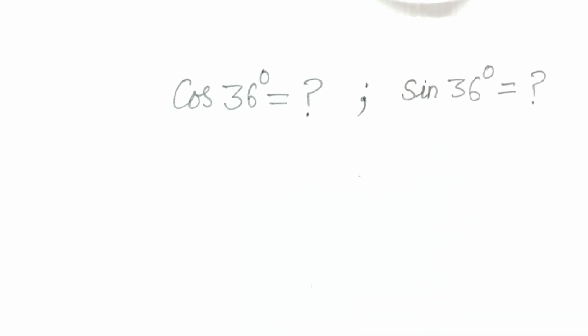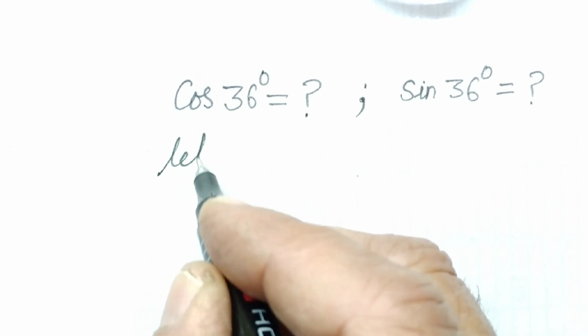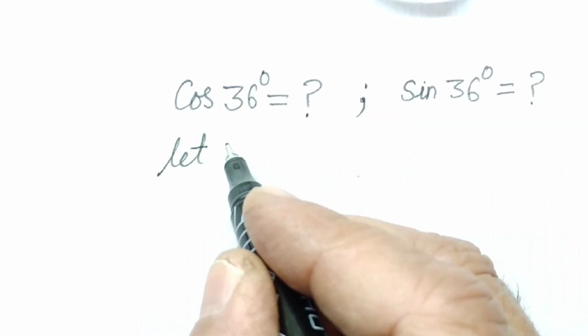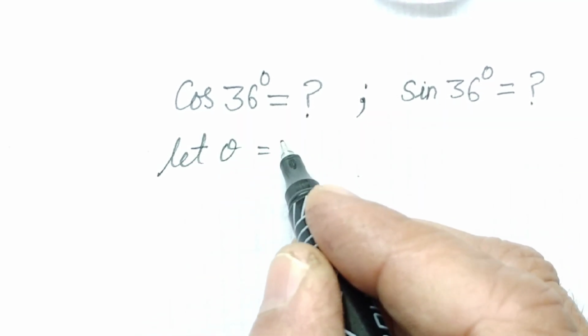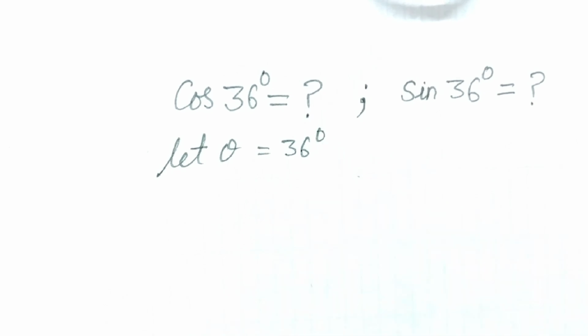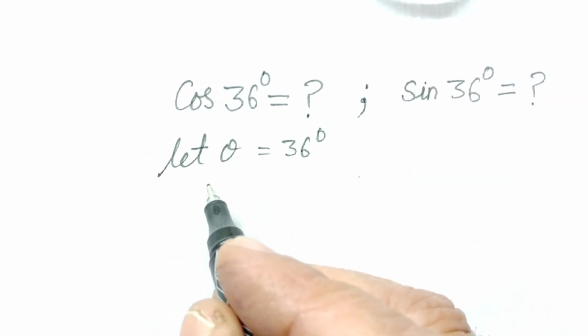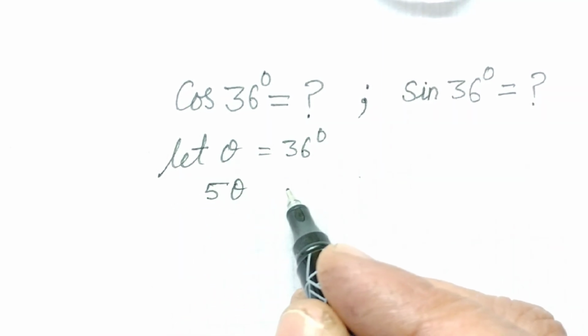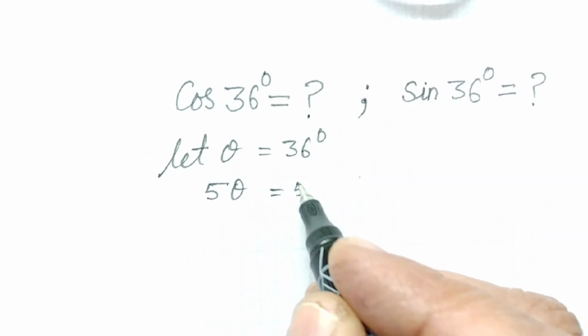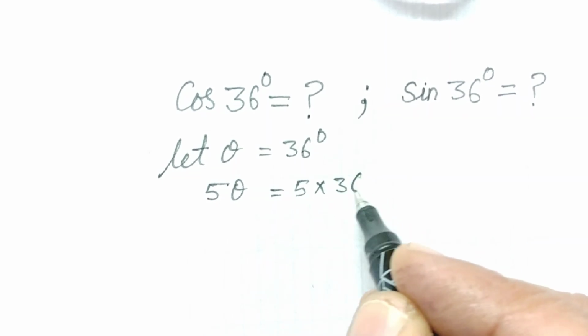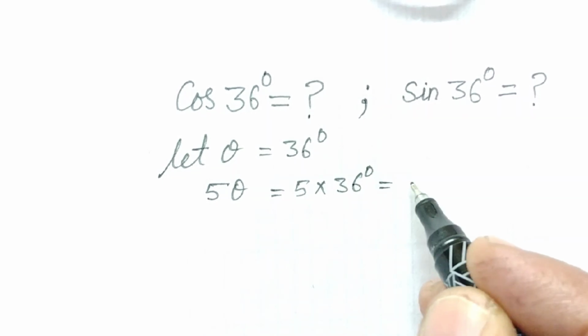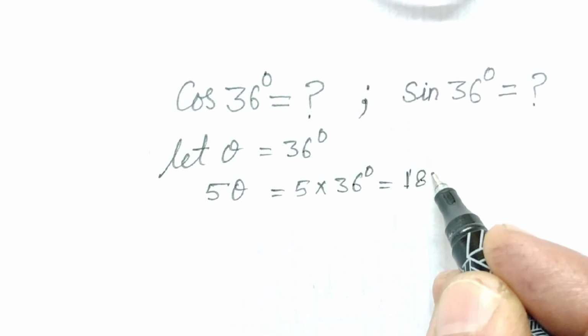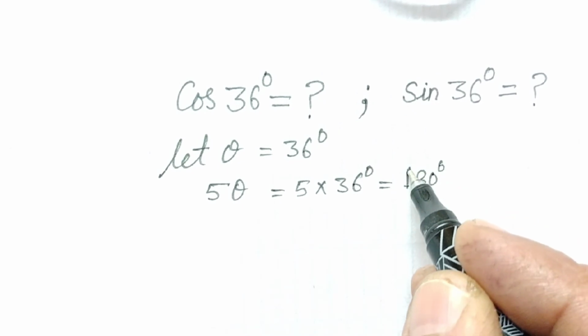Okay, so let's start. Let theta be equal to 36 degrees. Fine. So 5 theta will be equal to 5 into 36 degrees, which is 180 degrees.